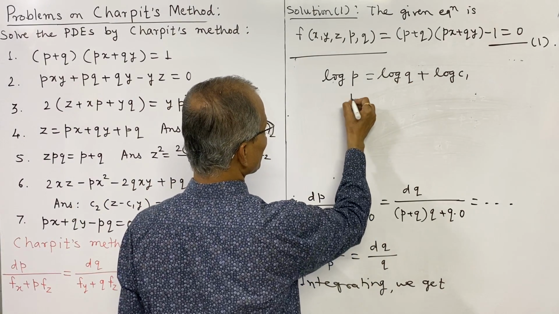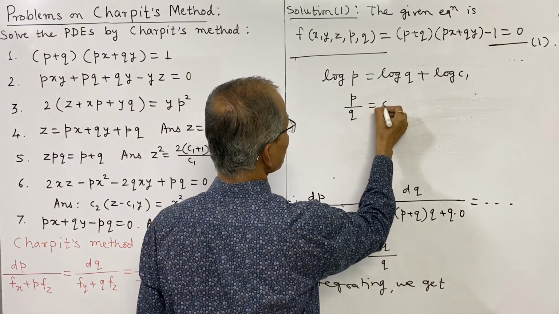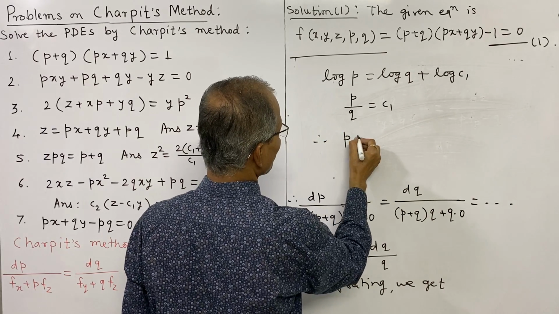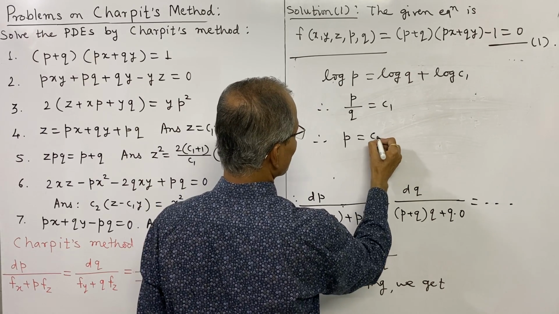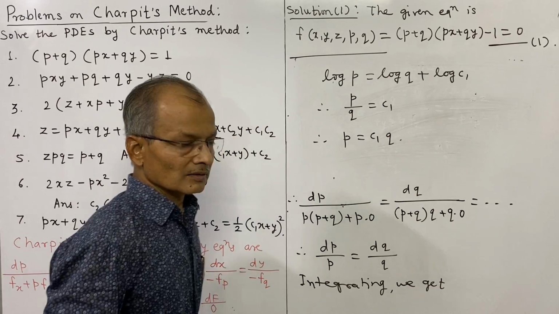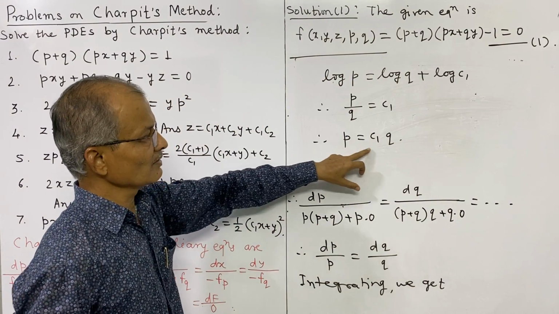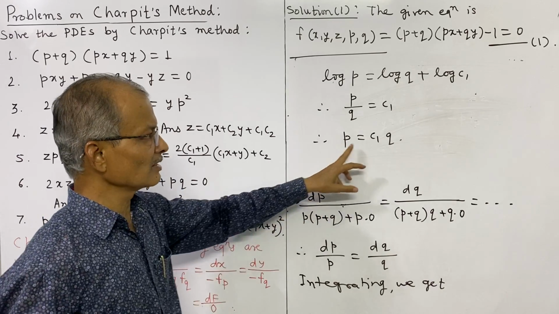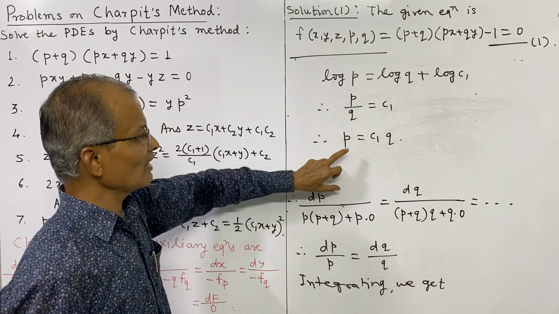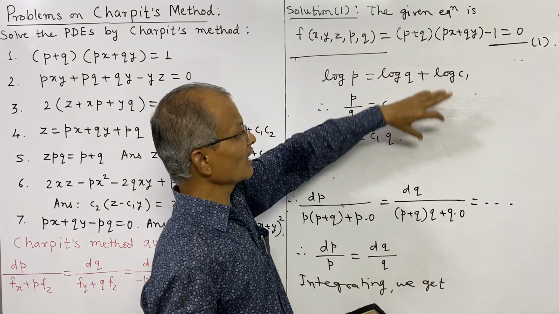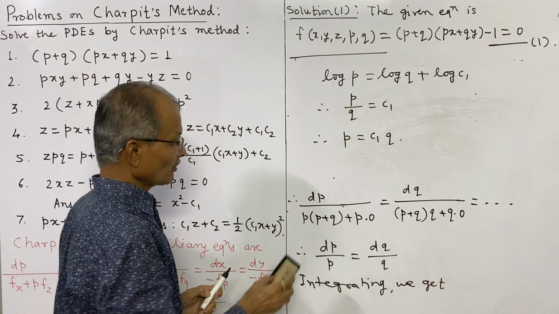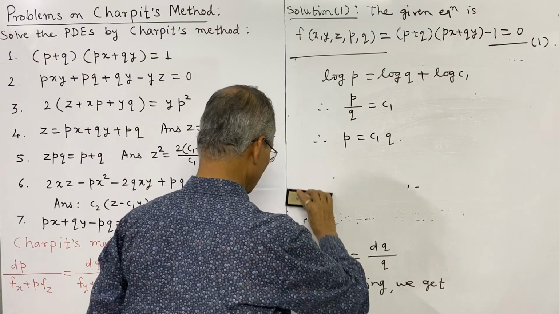Eliminating log, we get p upon q is equal to c1, or this means p is equal to c1 into q. Thus we obtain one value of p as c1 into q. We have expressed p in terms of q. Now use this value of p in 1 to get the value of q, and therefore putting this in 1, what shall we get?